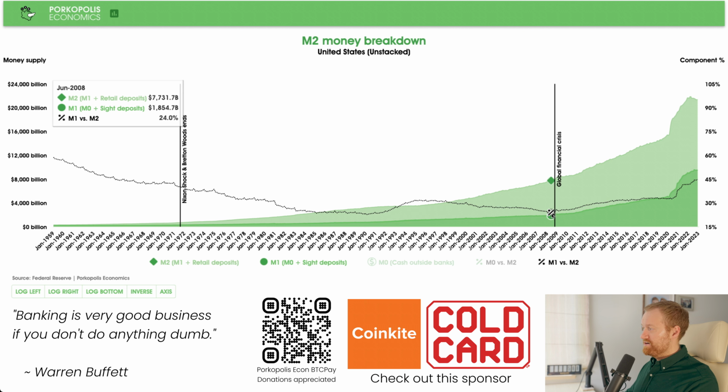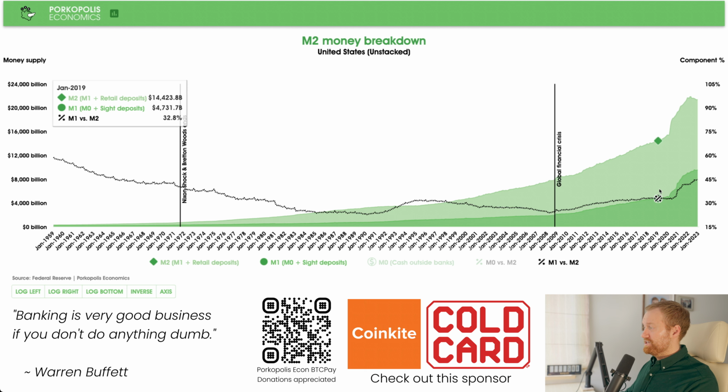So again, if there's a narrative that it's fractional reserve banking, which has only to do with the checking account, the demand deposit account, that causes all of the booms, all of the busts, we can at least conclude here from the global financial crisis that that's a false narrative, because checking accounts as a proportion of M2 money, which is all retail type savings and monetary instruments, is only 24% of the total.